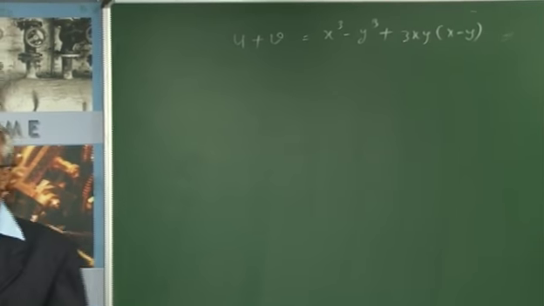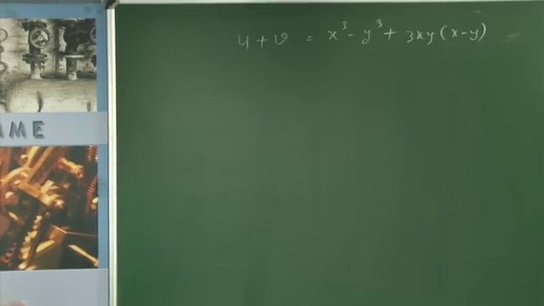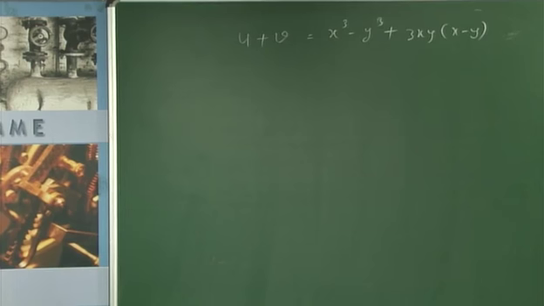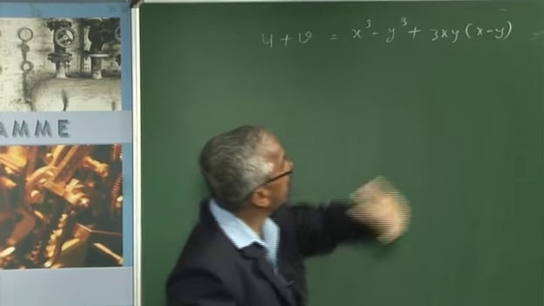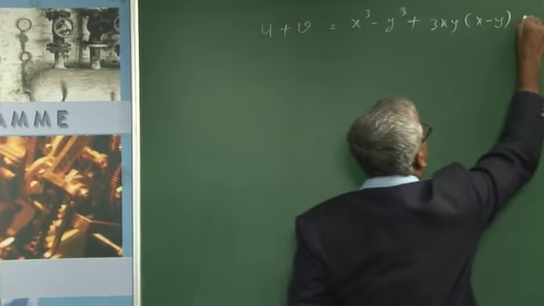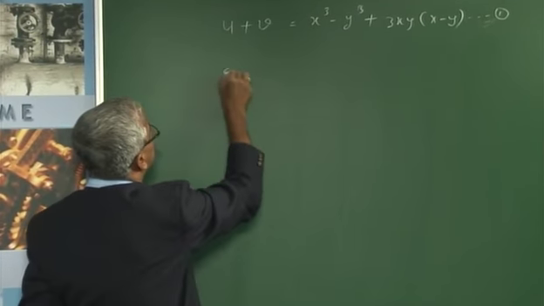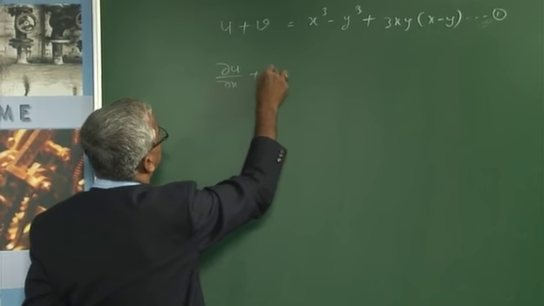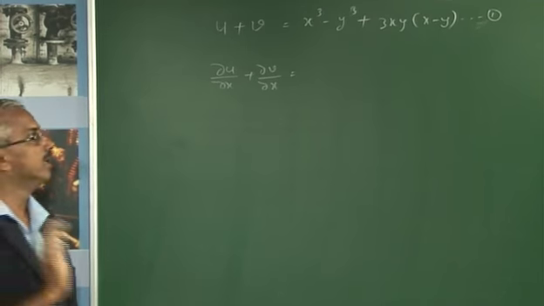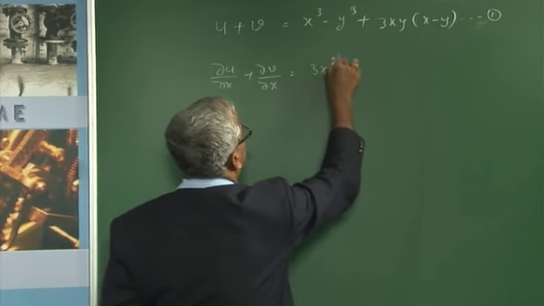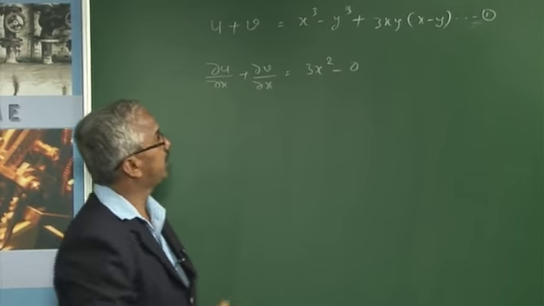So in the given problem, the sum of the real and imaginary parts of an analytic function f of z is given. Now differentiate this with respect to x. Differentiating with respect to x, I get dou u by dou x plus dou v by dou x. Derivative with respect to x keeping y constant gives 3x squared minus 0, the derivative of y with respect to x is 0.